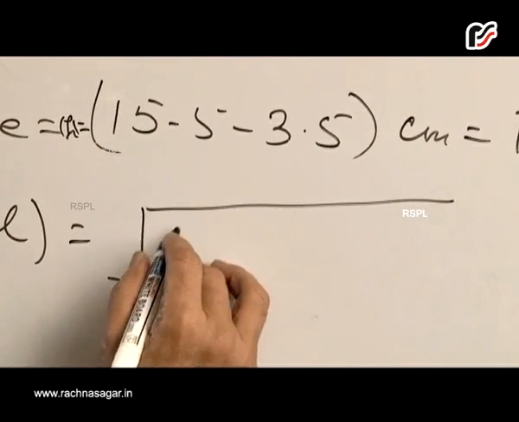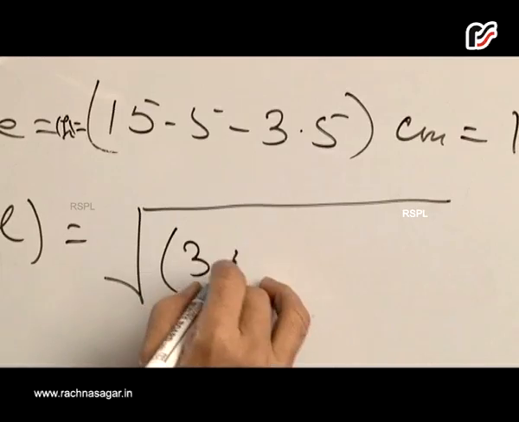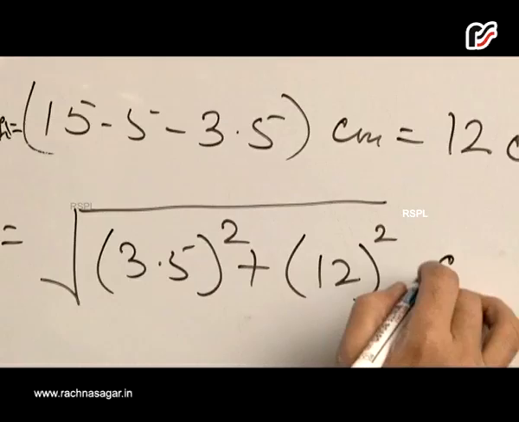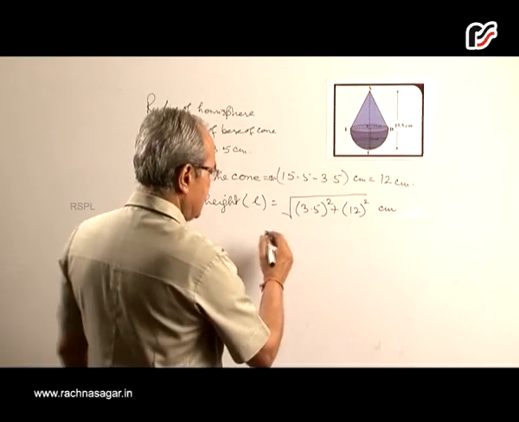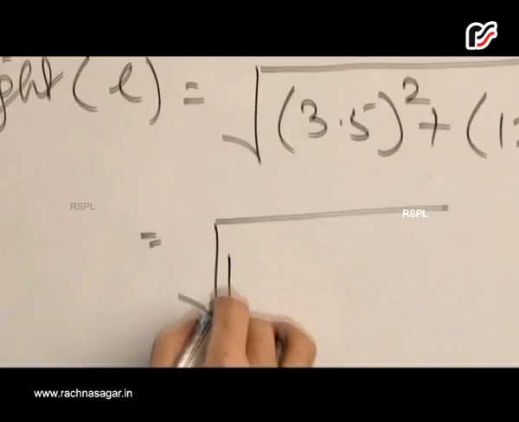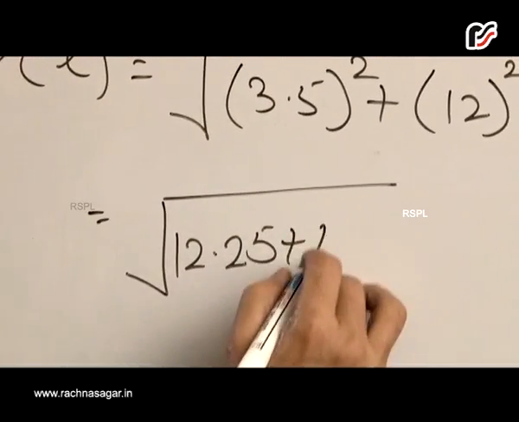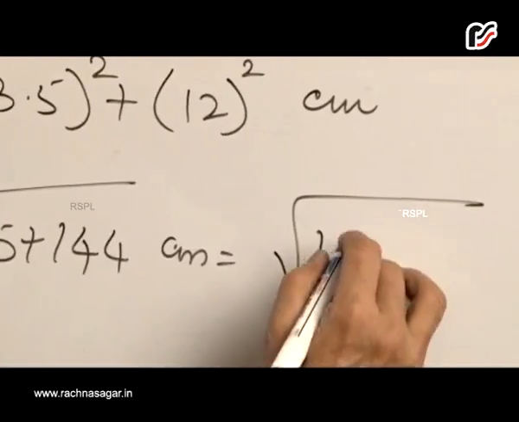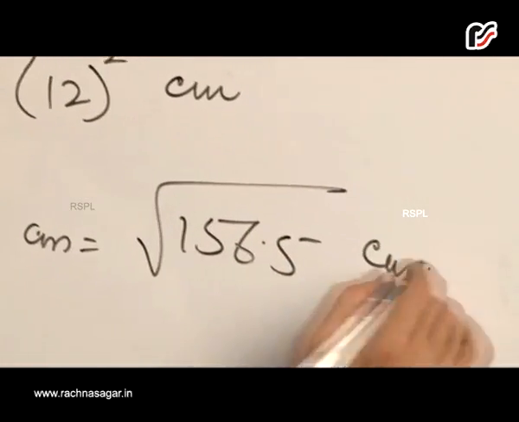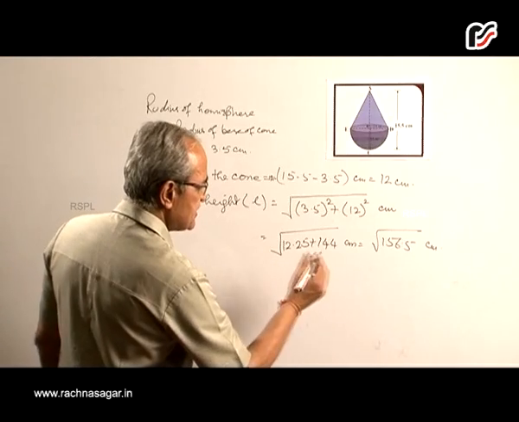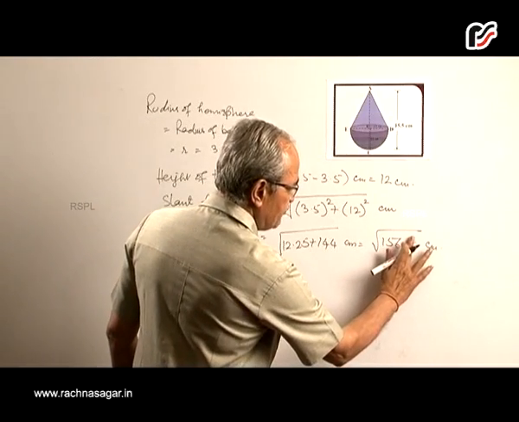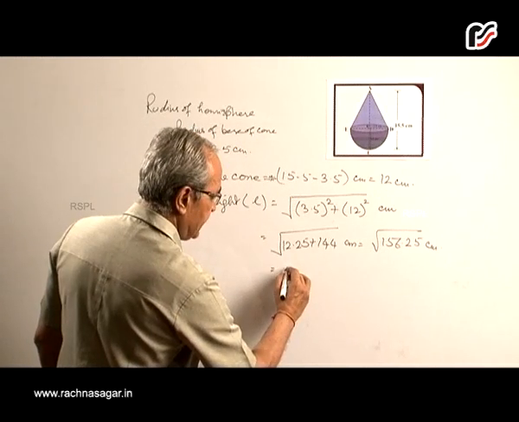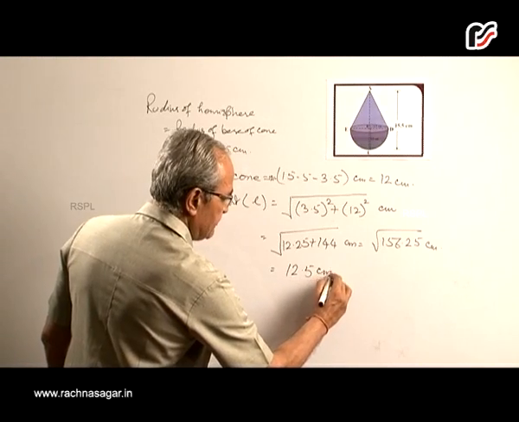That means we have 3.5 whole square plus 12 square centimeters. That means root 12.25 plus 144 centimeters, which is equal to root 156.25 centimeters, which comes out to be 12.5 centimeters.